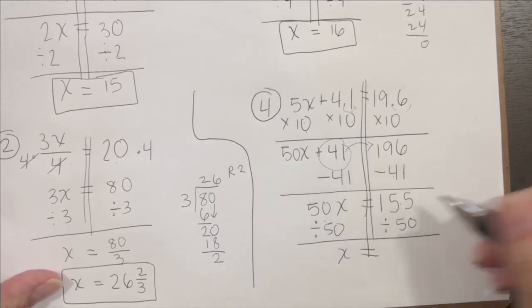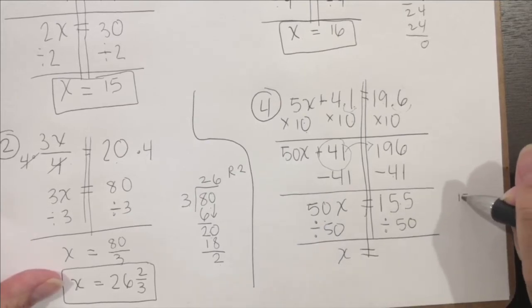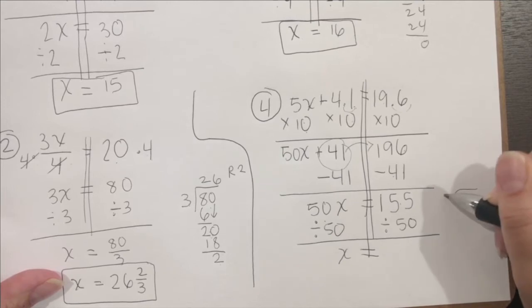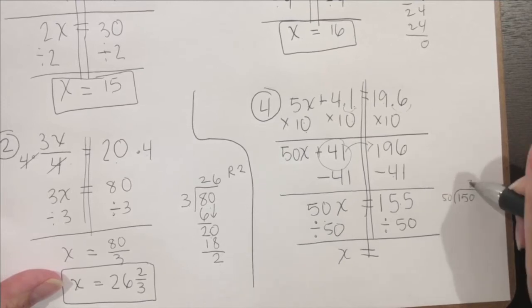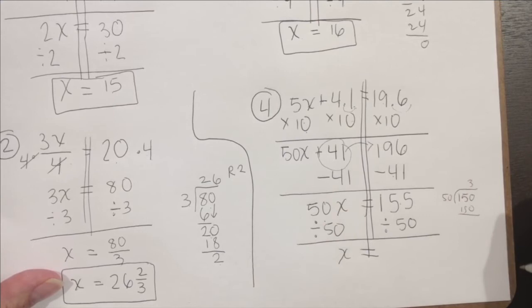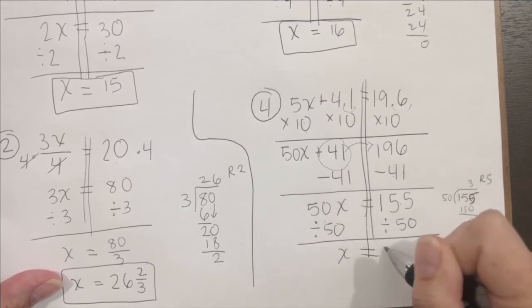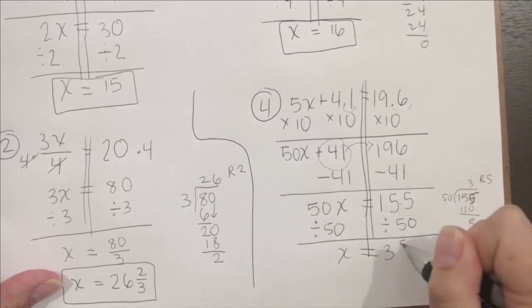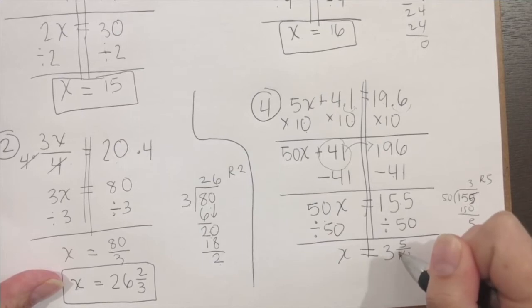And so then I'll have 5 left over, right? 150 divided by 50 is 3. 3 times 50 is 150. So if I have 155, then I'll have a remainder of 5. So this is 3 and 5/50ths.